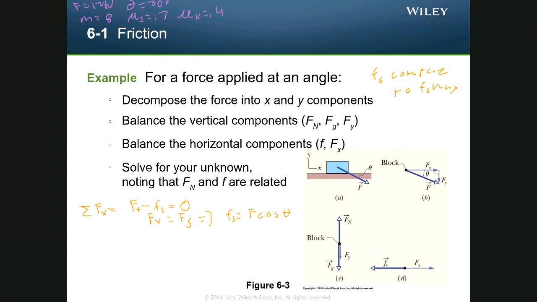So let's go and look at the forces in the Y direction. Okay, so that's going to be equal to Fn minus Fg minus Fy, and that too will also be equal to 0.